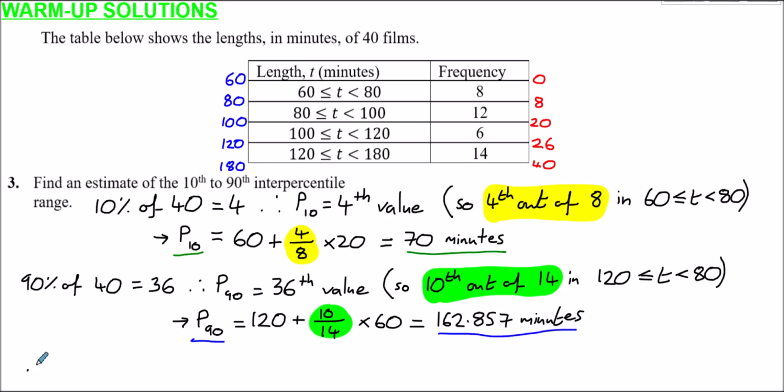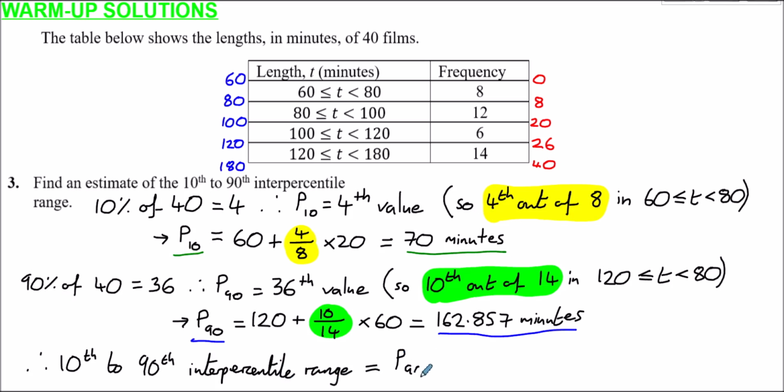So now, for 10th to 90th interpercentile range, that's going to be P90 minus P10. So P90 is 162.857-ish.